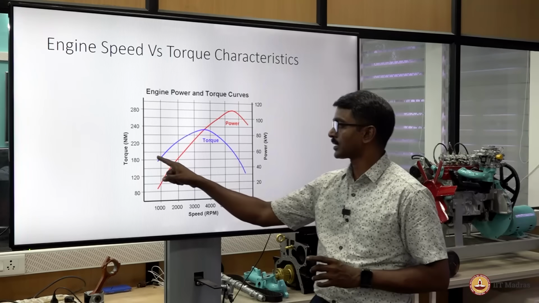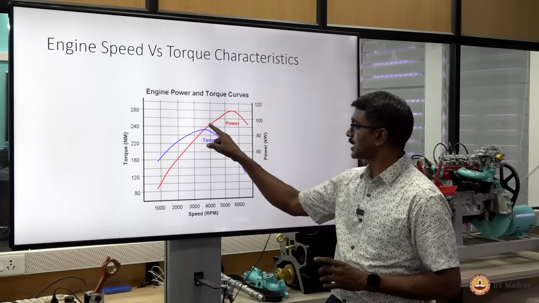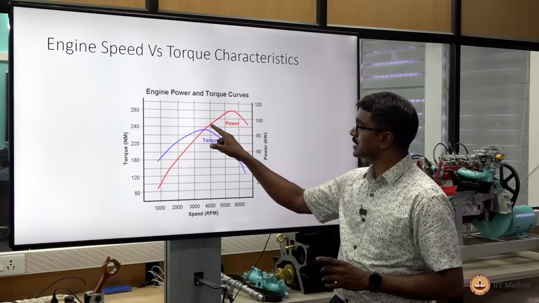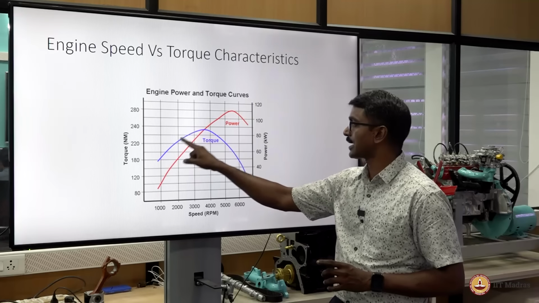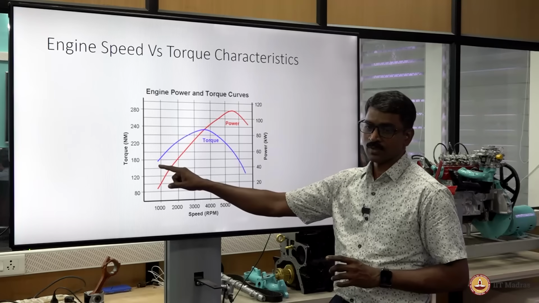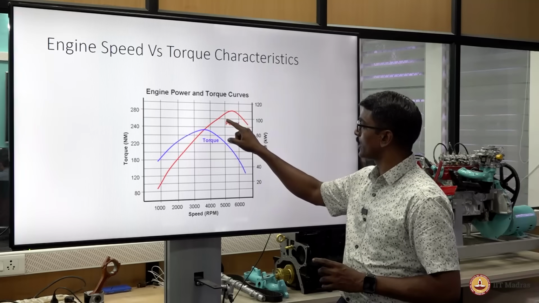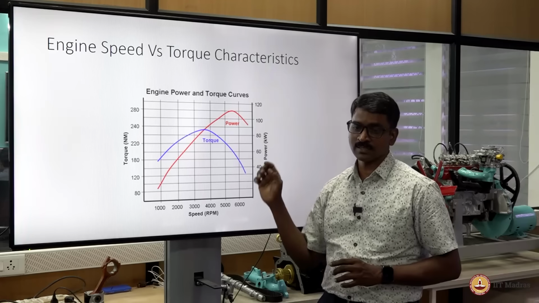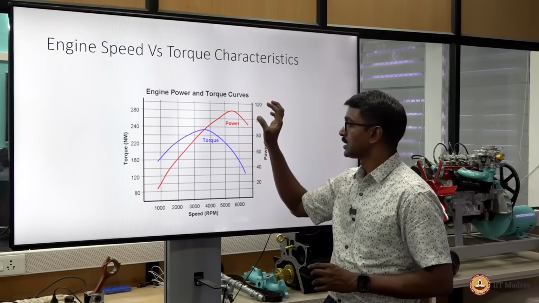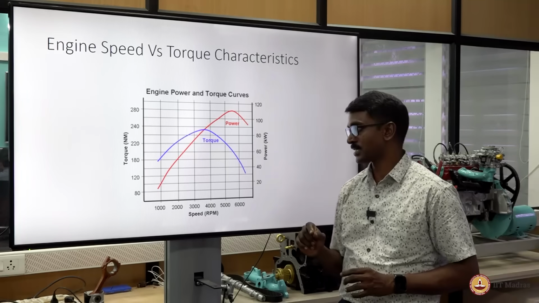This is one critical point about the IC engine. And the IC engine is capable of giving the peak torque at a particular range, not at the entire working range of the engine. Also the power keeps increasing, and at one point it gives the best power for a given IC engine. So these three points are critical characteristics of an IC engine.